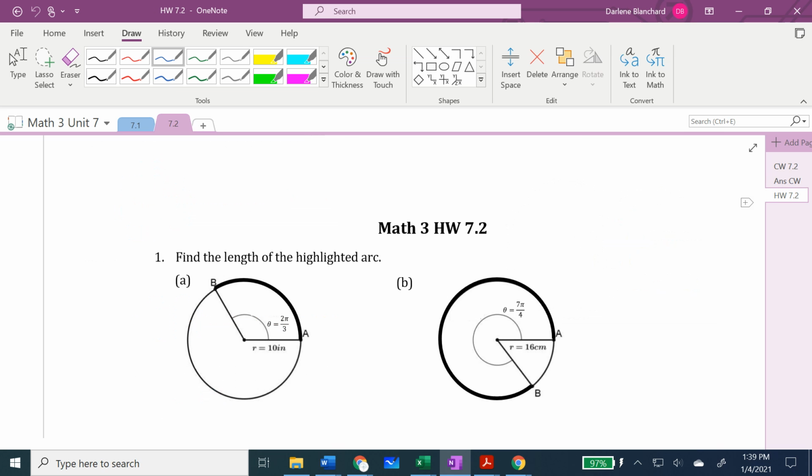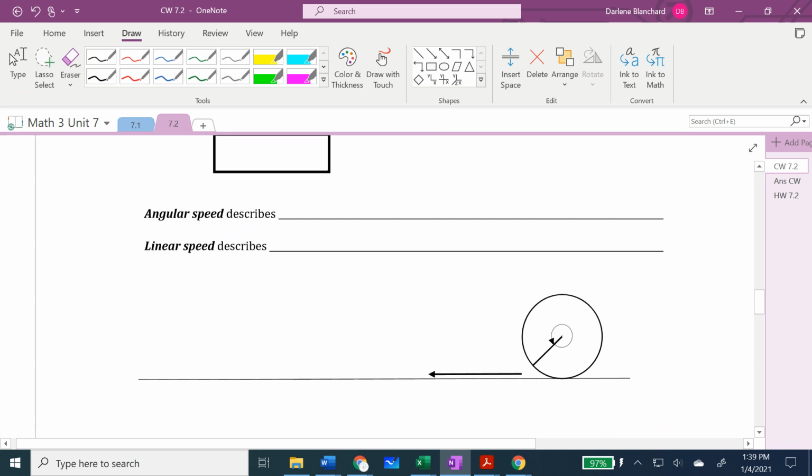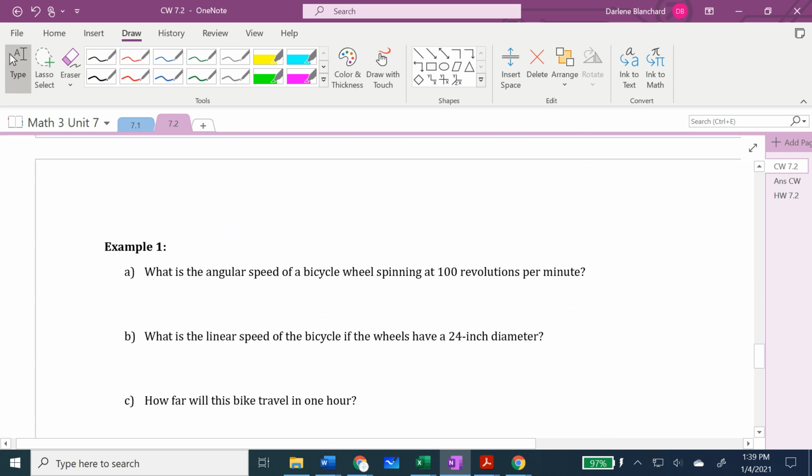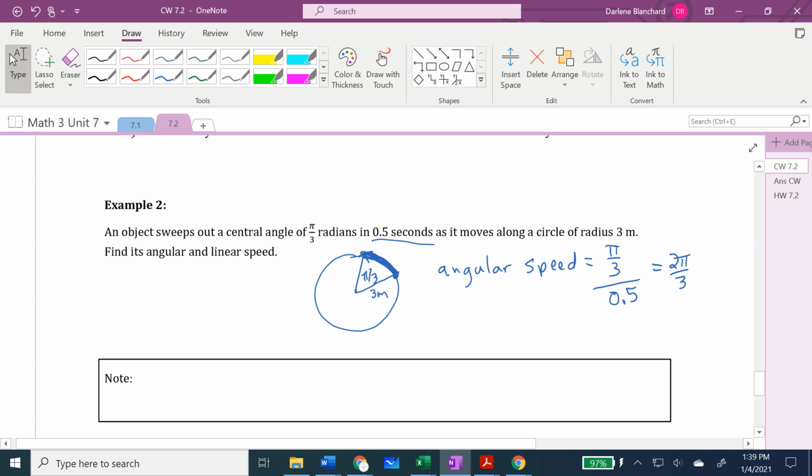So then if I come back over to the problem, example 2, if I found that my angular speed is 2 pi over 3, then to find my linear speed, all I need to do is multiply 2 pi over 3 by the radius.